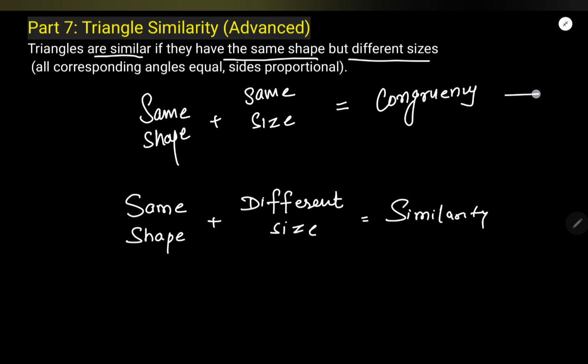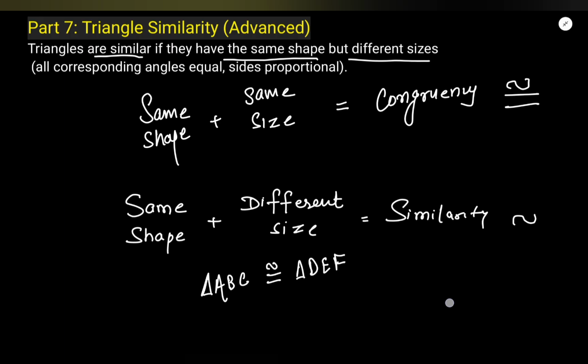Okay, this is the symbol of congruency, this is the symbol of similarity. If I write triangle ABC is congruent to triangle DEF, then you will say they are congruent. When two triangles are congruent, all rules of congruency verify. When two triangles are similar, then they are not of same size, they will be of same shape.